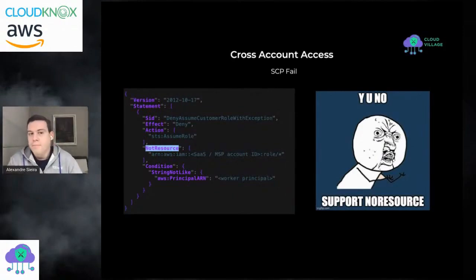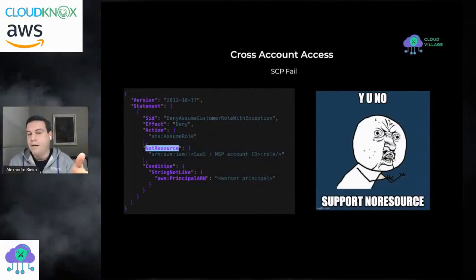But here's the problem. For some weird reason that I have no idea what they are, SCPs do not support the not resource syntax. They only support resource. They support not action, but they do not support not resource. So I can't say I'll deny for anything that's not on my account.